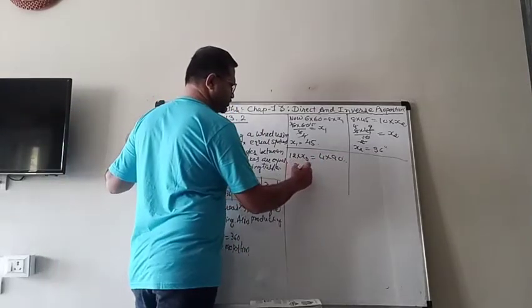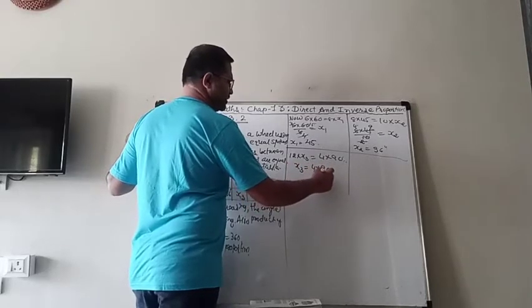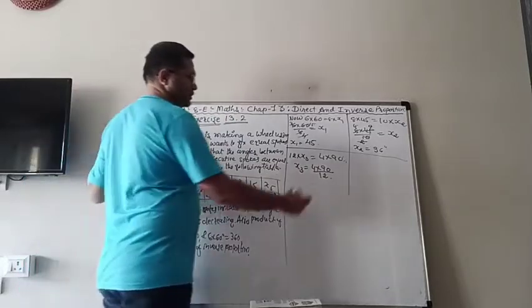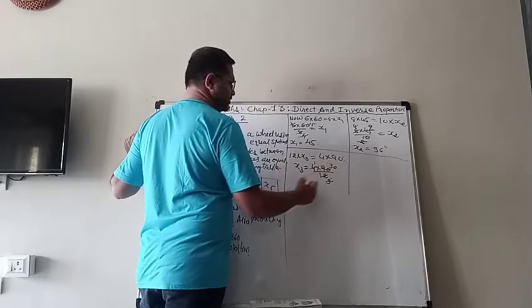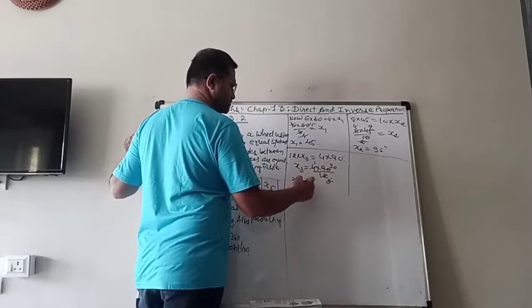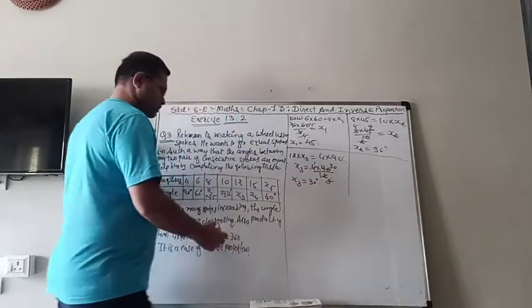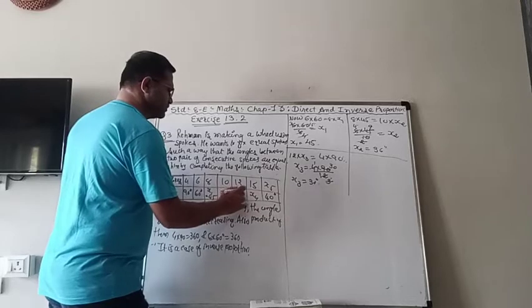So x3 is equal to 4 multiplied by 90 upon 12. So now 4 ones are 4, 4 threes are 12 and 30. So x3 is equal to 30 degree.